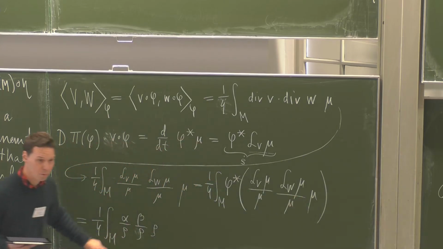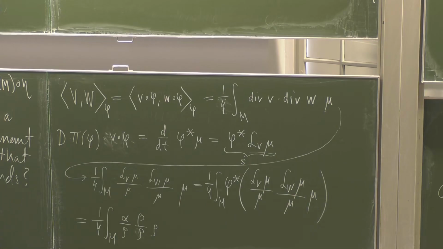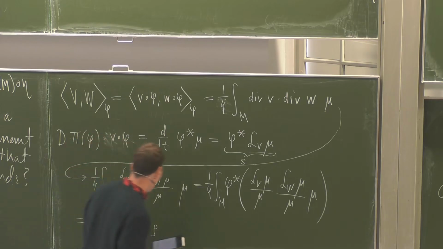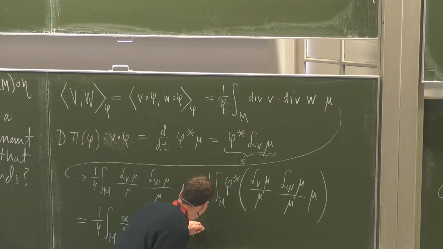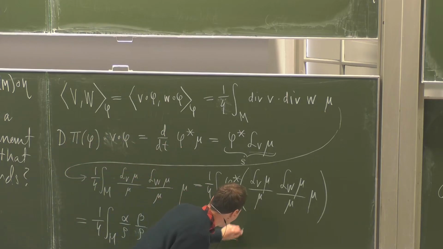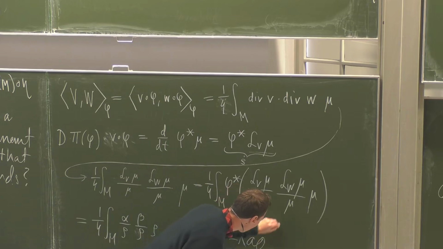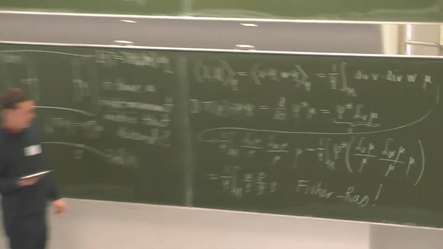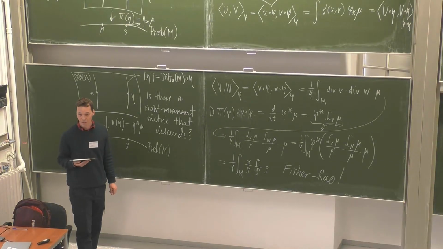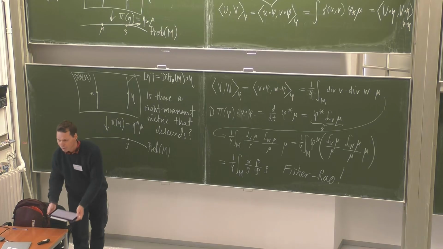And that gives me this formula here. This is just calculus of pullbacks. So this is Fisher-Rao. Amazing, okay? And this metric is invariant under the action of the diffeos. Why is it invariant under the action of the diffeos?